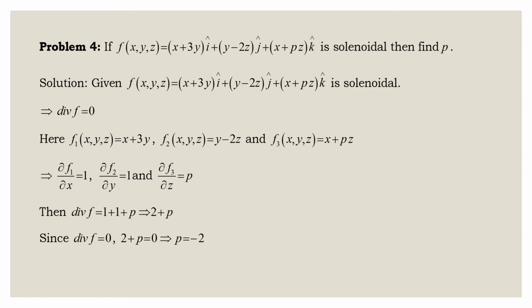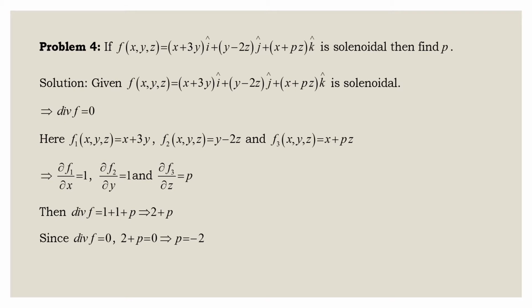Now, the divergence of f is the sum of these three component pieces. So div f equals ∂f1/∂x plus ∂f2/∂y plus ∂f3/∂z. So div f equals 1 plus 1 plus p. It equals p plus 2.